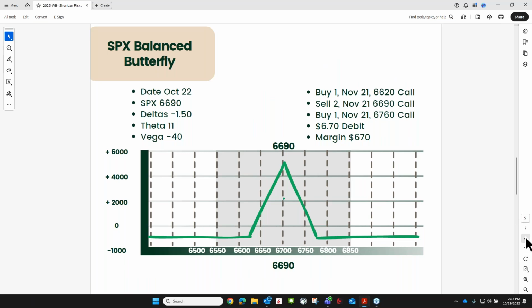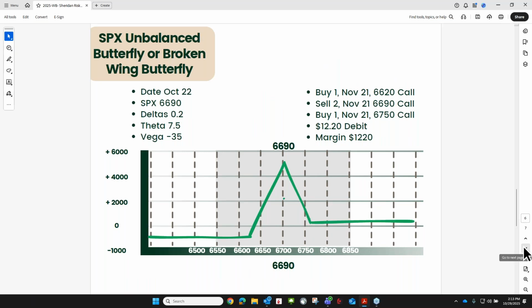The 66.20, 66.90, 67.60. So you can see here, if Jeff goes to the next slide, now I'm paying $12, right? So do you pay more for a broken wing butterfly? Yes, right? What's the reason I would do a broken wing? To get the deltas closer to zero.